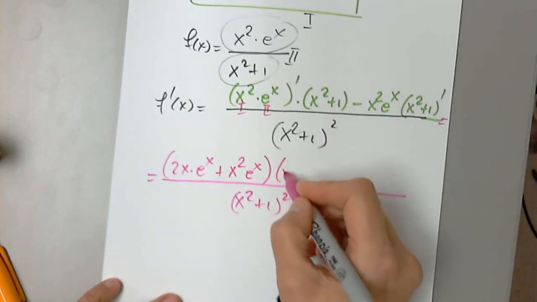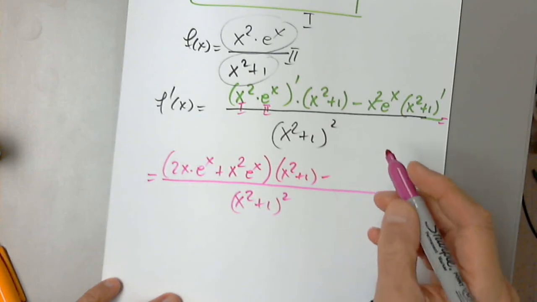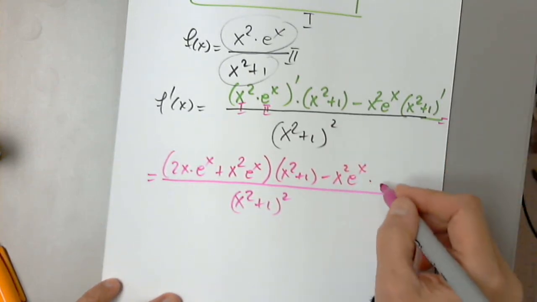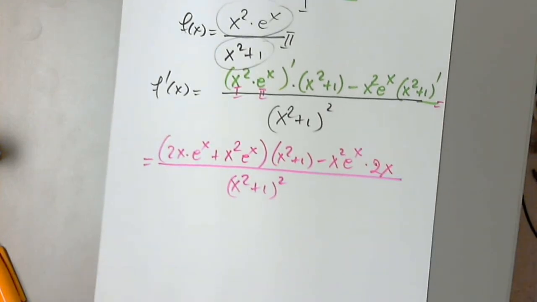And now I copy x squared plus 1 minus x squared e to the x, and now I can differentiate the denominator as 2x. So every time we have a combo like this, you have to be very careful where you start and what you do step by step.